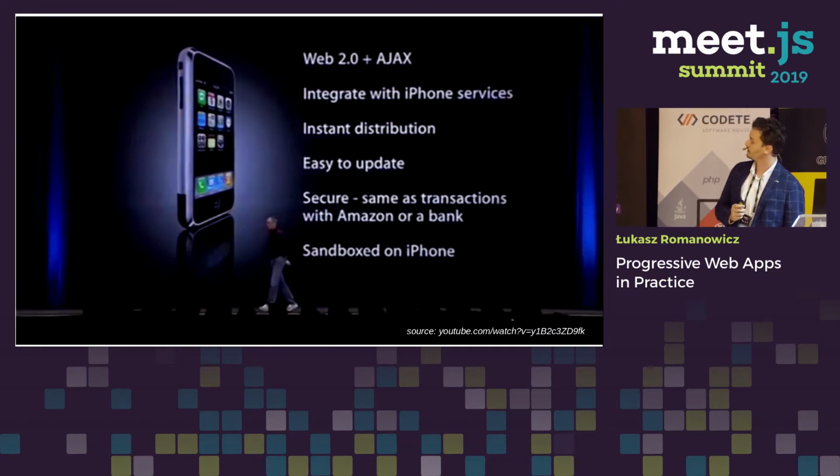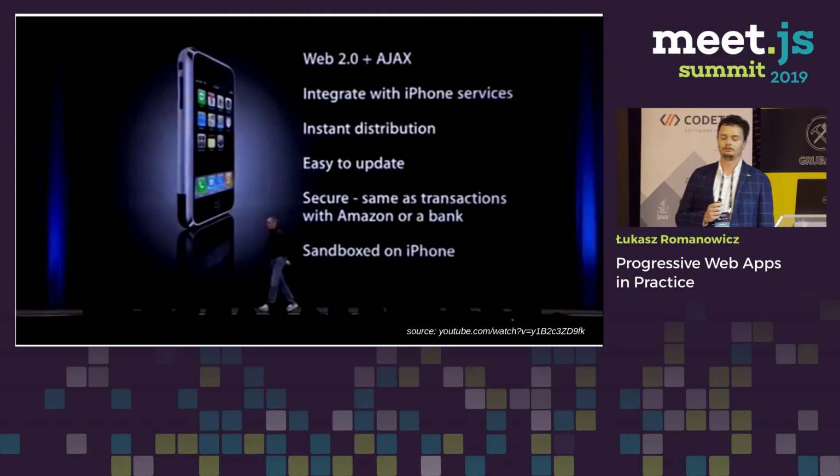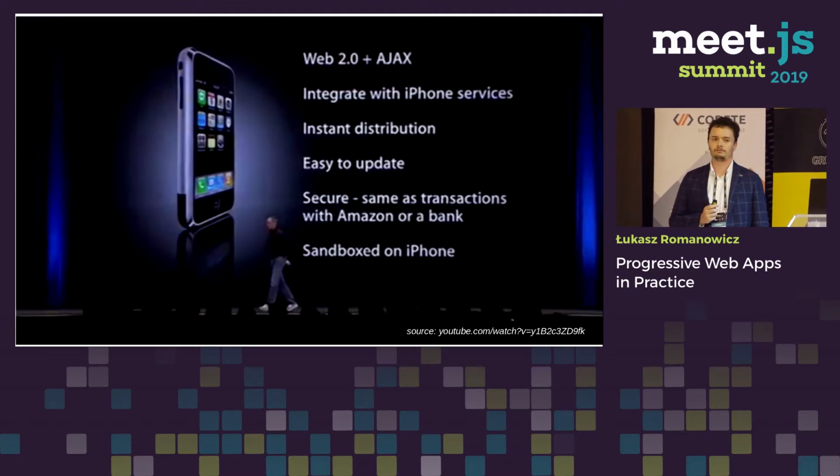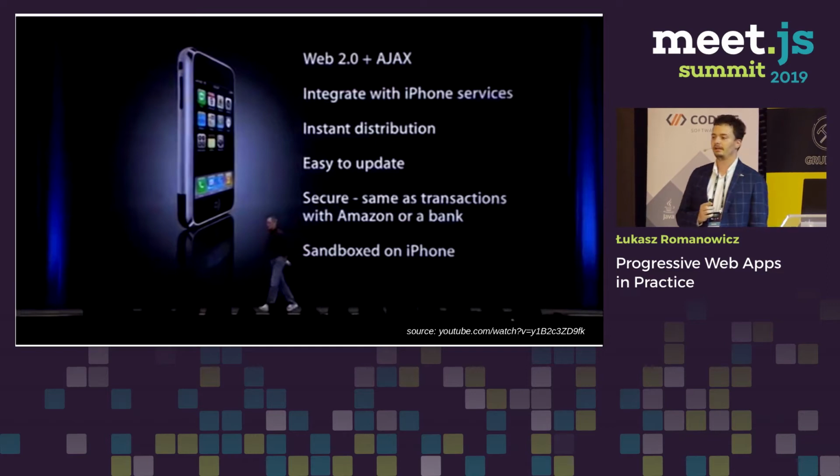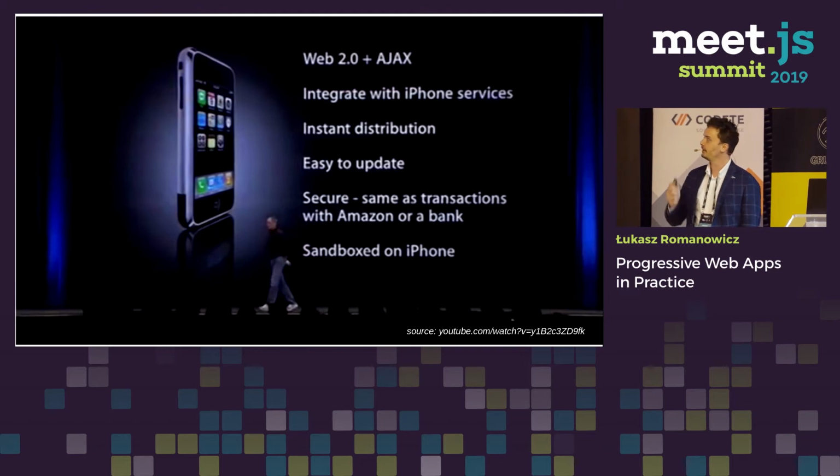Maybe it's not the best quality because these were recordings in 480p from June 11th, 2007. So this is Steve Jobs, 18 days before the release of the iPhone, and he had a dream.